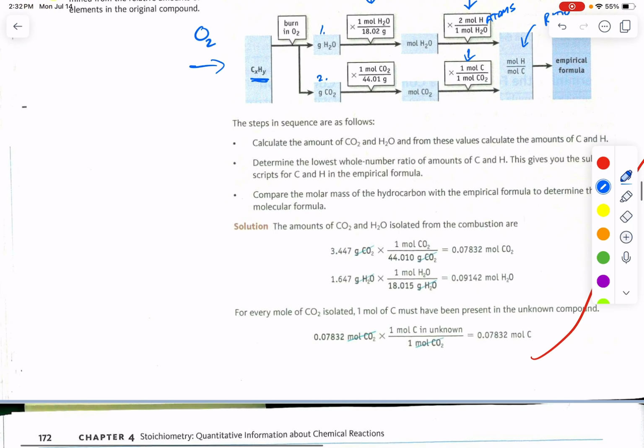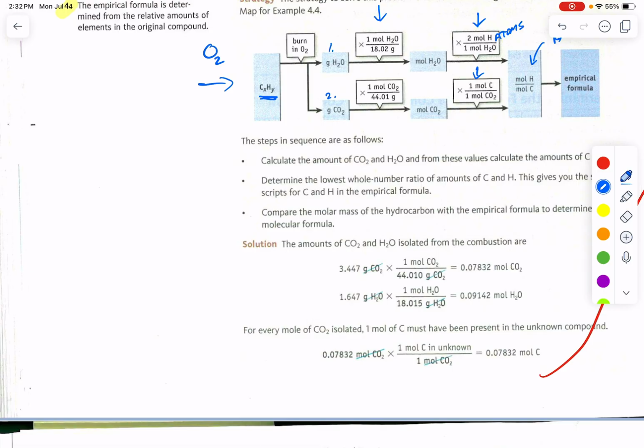And again, I would set up the stoichiometry problem, drawing the big line. Okay, so I would have my grams of CO2, and then I would convert it into moles of CO2 from the grams of CO2.